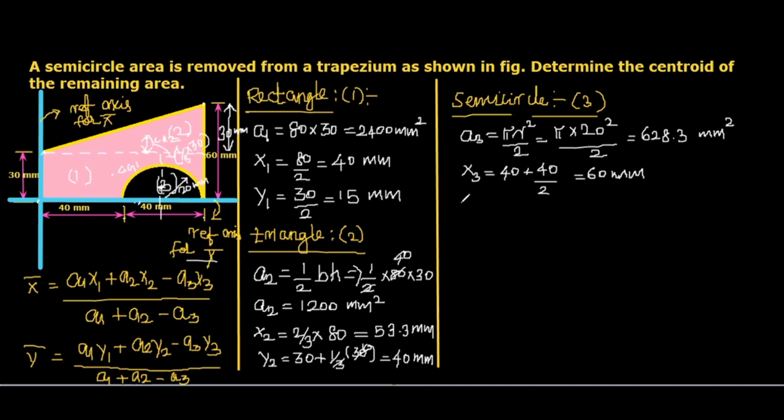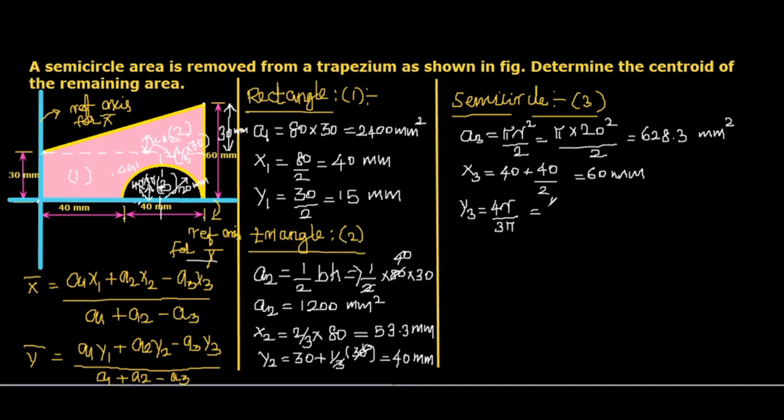Then Y3. Here the bottommost line of the semicircle lies on the reference axis for y bar calculation, and this distance, we know, is 4r by 3 pi.